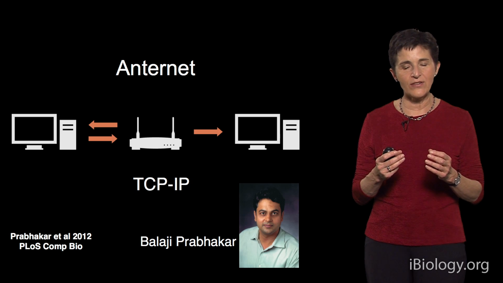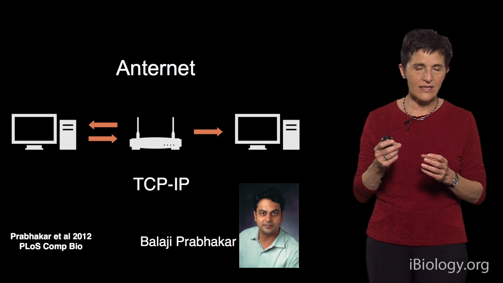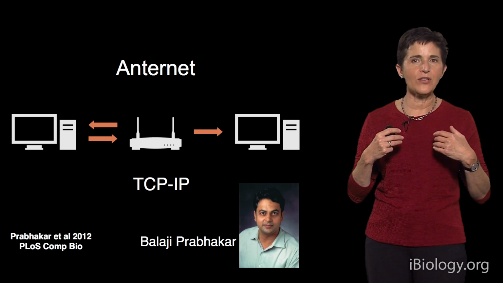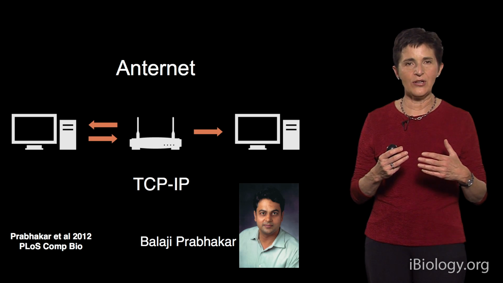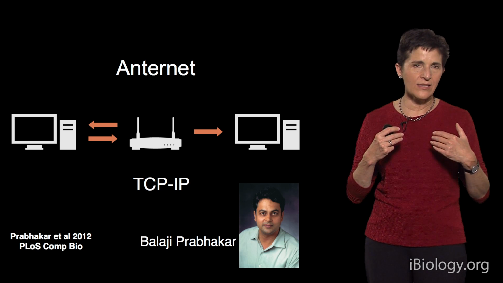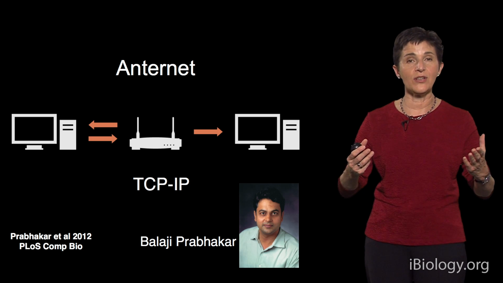So just as harvester ants are using the rate of return of successful foragers as a signal that it's worth it to go out and forage, so in the internet, this protocol called TCP/IP is ensuring that data doesn't leave the source unless it's worthwhile because there's bandwidth for it to go on.